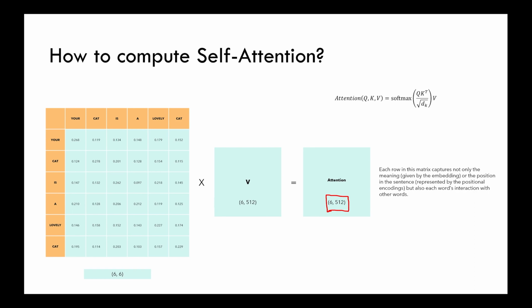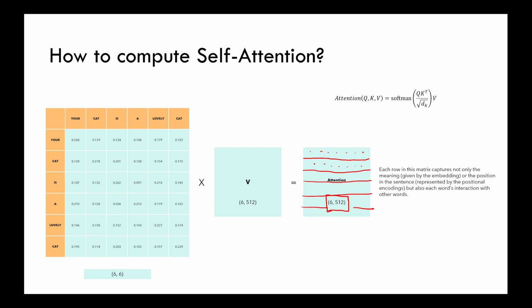And it's interesting to see that this dimension is exactly the same as the input sequence that we gave to this attention. This basically means that we have a matrix that is 6 rows, and each row is actually an embedding, not the embedding that we built before, but an embedding that includes the embedding that we built initially, plus the positional encoding, plus also captures some information about the interaction of each word with all the other words.